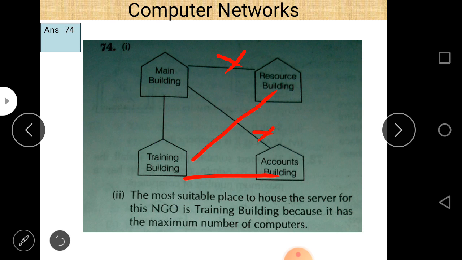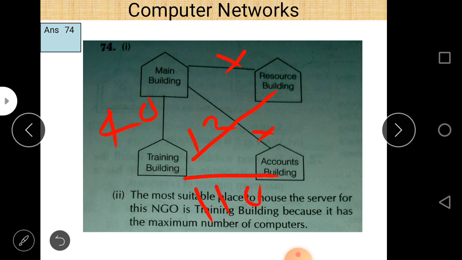Let us check what is the total length required. First of all, the main building to the training building distance is 40 meter, and the training building to the account building distance is 110, and the resource building to the training building distance is 125 meter.